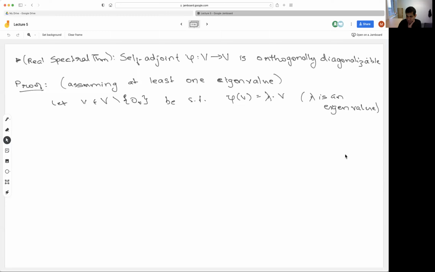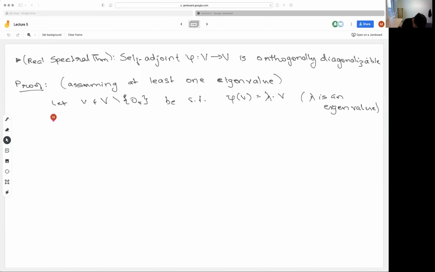And now I claim that we can basically pass to a different space. So let me clarify what I'm doing.